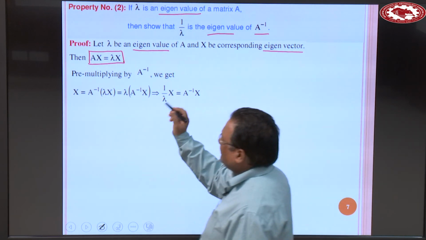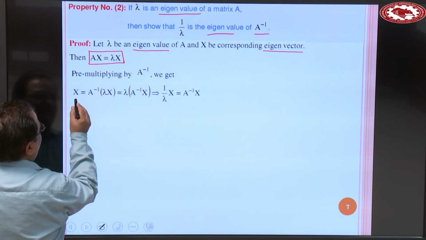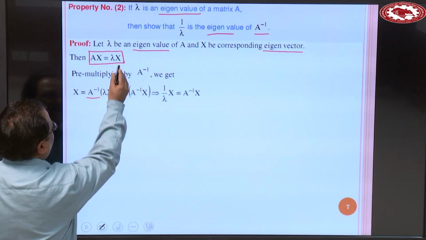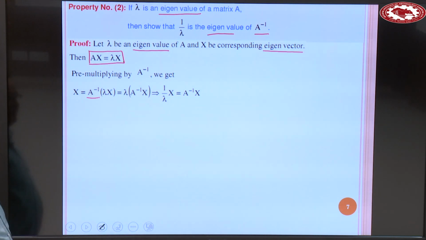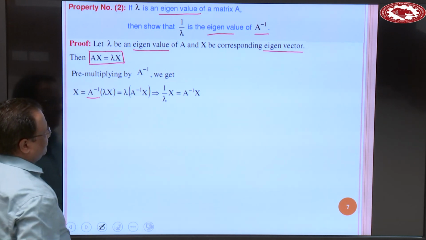So, pre-multiplying by A inverse, A inverse A means x, and A inverse on lambda x as it is gives lambda A inverse x.